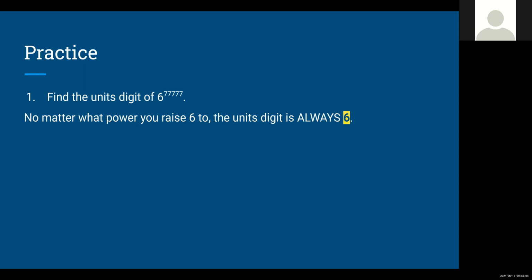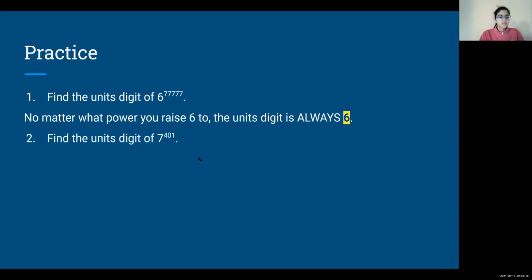You don't have to sit down and try to memorize them, but as you solve them, you'll start to memorize the cycles for 7 and for 3 and for 9 and 6. So, find the units digit of 7 to the 401.